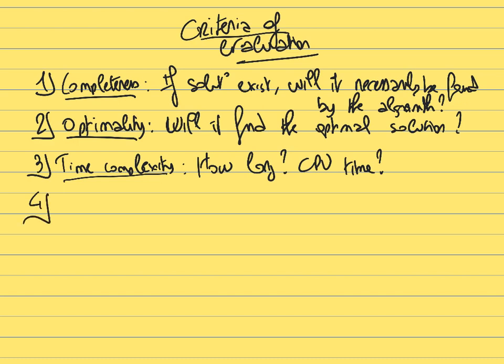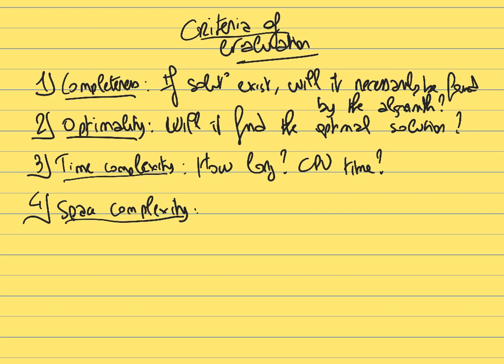And the last thing is the space complexity. The space complexity is slightly different from the time complexity. In the time complexity, you just think about how many iterations or operations on my computer I need to solve this problem.